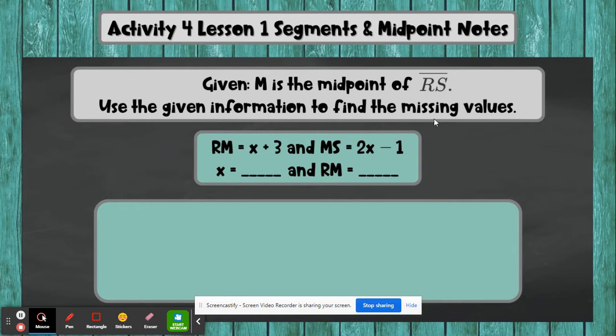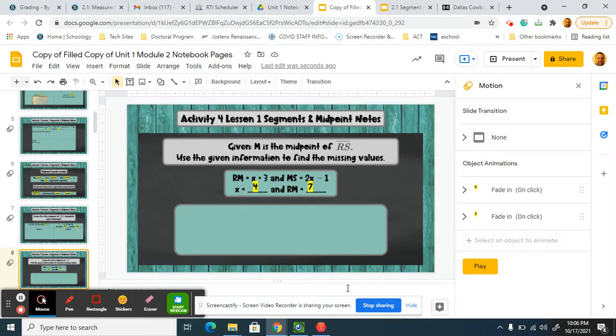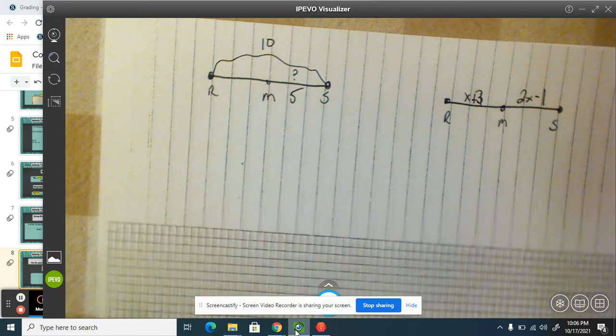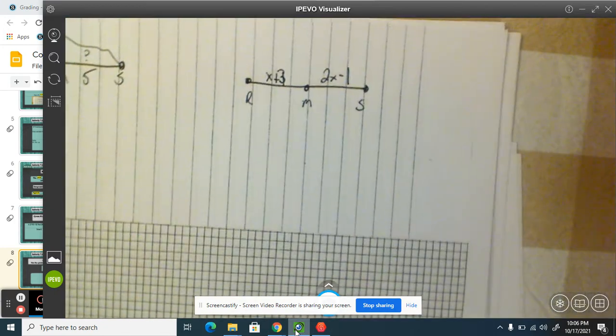So I would continue to draw the line exactly the way you've been doing. Okay, RM is x plus 3. MS is 2x minus 1. So the picture looks like this.